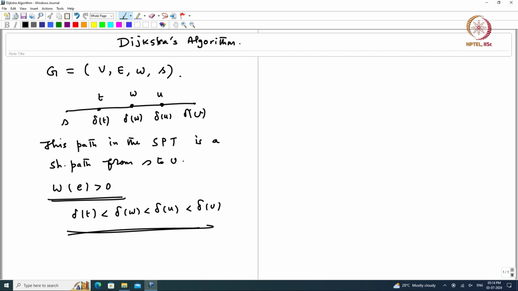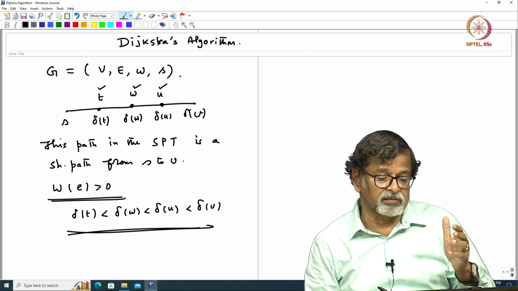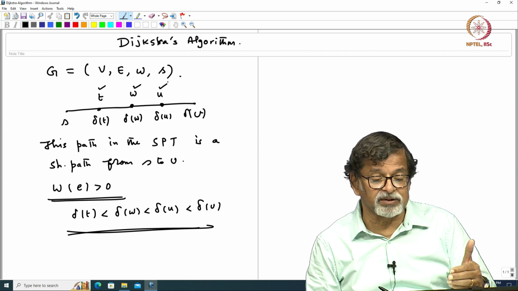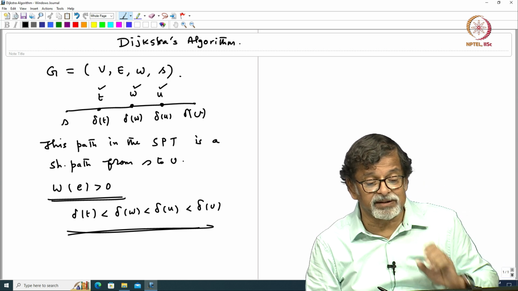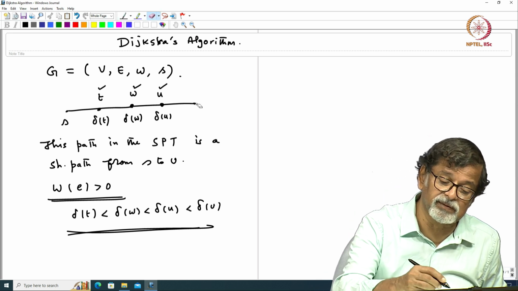In other words, we can see that if we know the shortest path distances for vertices whose shortest path weight values, that is delta T, delta W, delta U, these are all smaller than delta V. Delta V is not written cleanly.